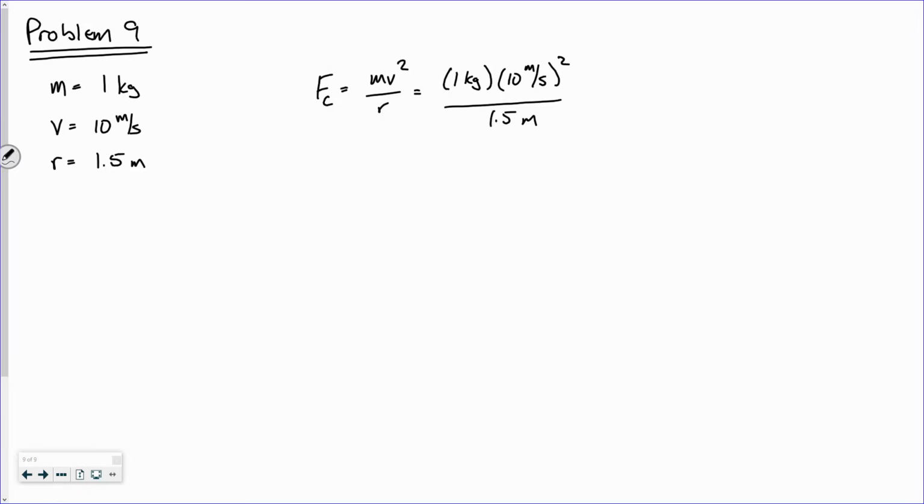And it comes out to be an answer in newtons, but I'm trying to find the formula in the book. I had it referenced, and then of course it changed. What did you call this? Centripetal acceleration. Wait.